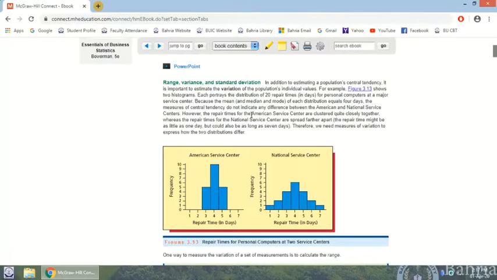First of all, it says that the variation is portrayed by the distribution of 20 repair times in days. So there are a number of days with frequencies showing how many computers would come in on a particular day, and this width would be the class width, and we have already been doing the class intervals. This basically shows the expansion of the days in both the cases. One of the students was concerned about why we have this block here.